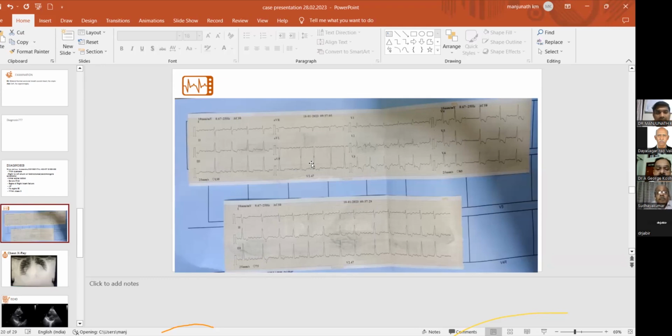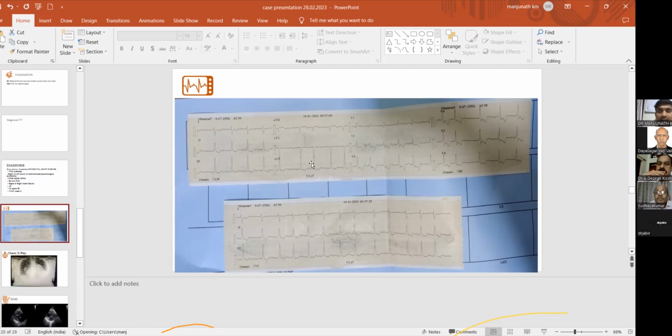Is there RVH or no RVH on this ECG? There is no RVH according to the ECG, sir. Wait. So what are your ECG criteria for RVH? One, two, three, in that order of importance.